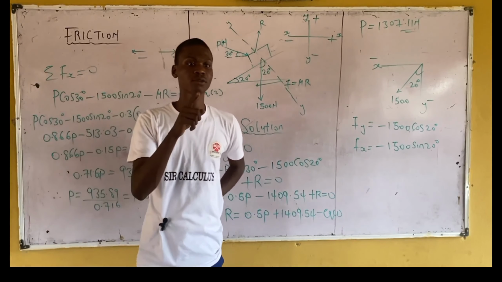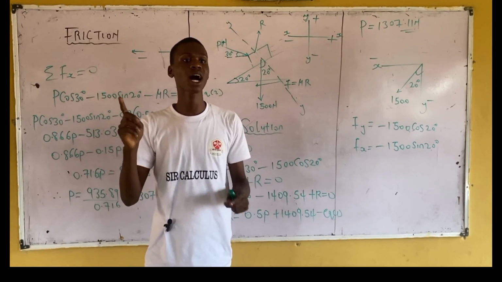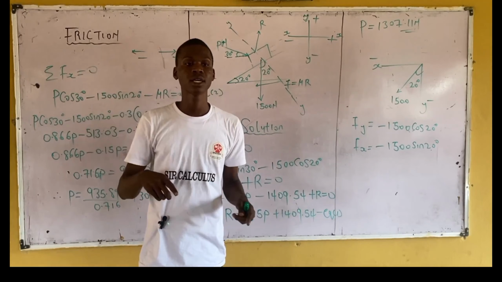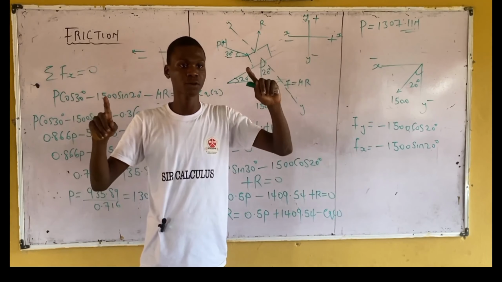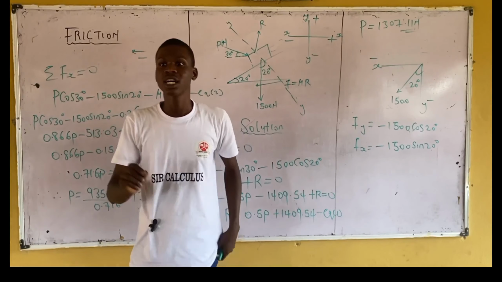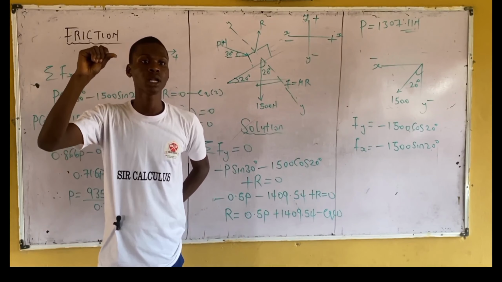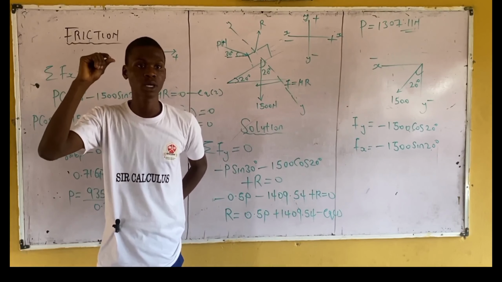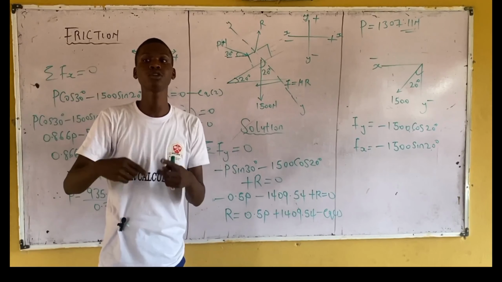And if you can remember, when I explained statics, no matter how much force you apply, static frictional force will rise to match that force, meaning your body will still be stationary. But the moment your frictional force gets to the maximum value, then when you apply a force to that body, the body will start moving.